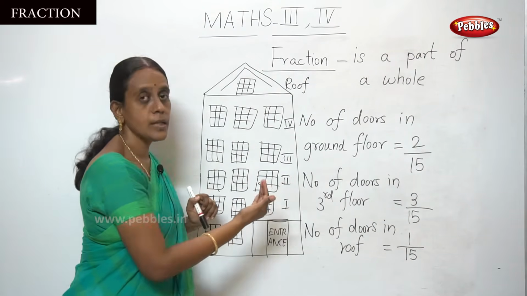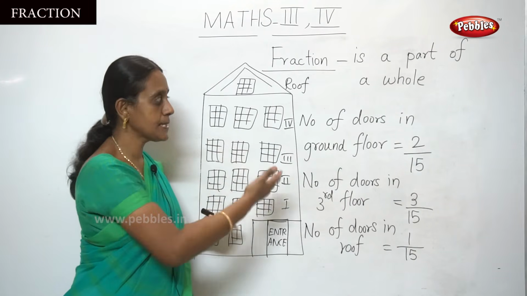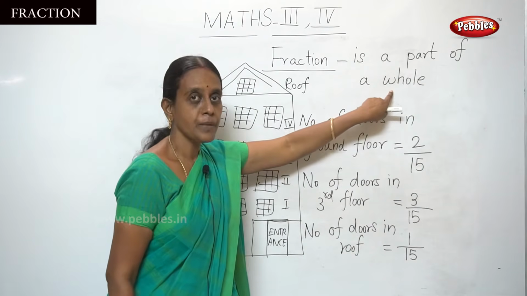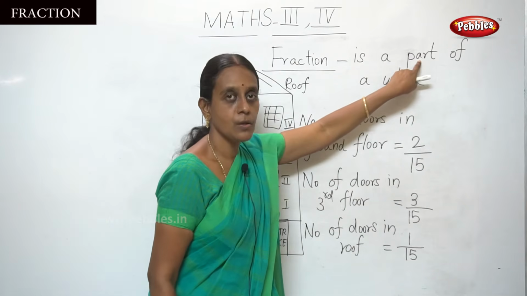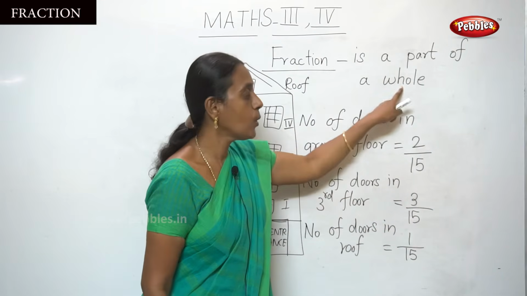Next we move on to the terms used in fraction. Do you understand what is meant by whole and what is meant by part? This is a part and the number 15 is the whole.